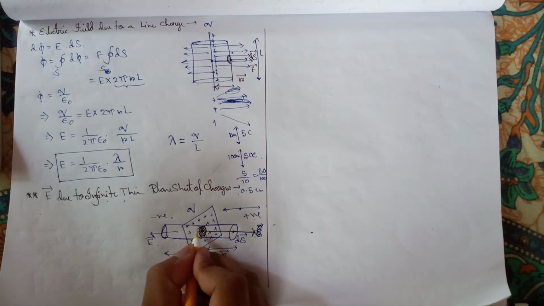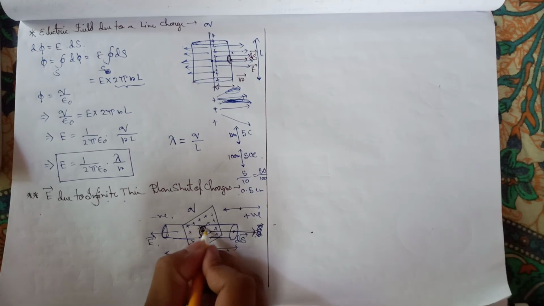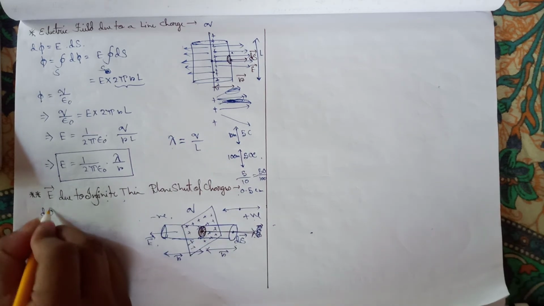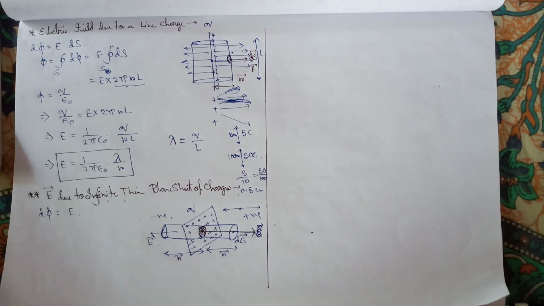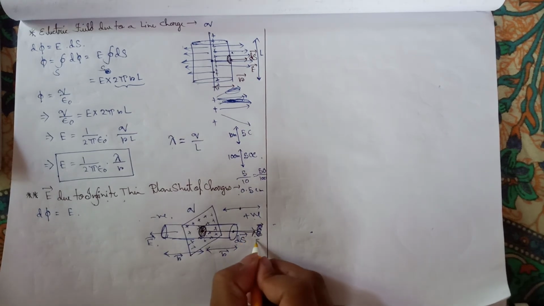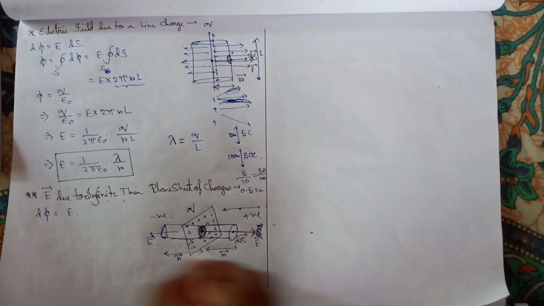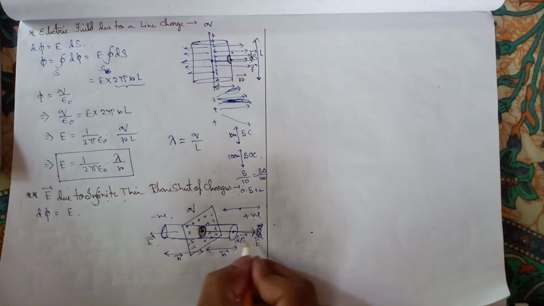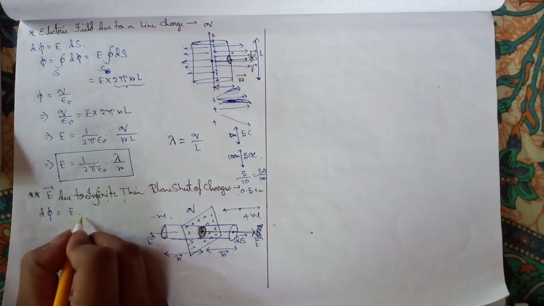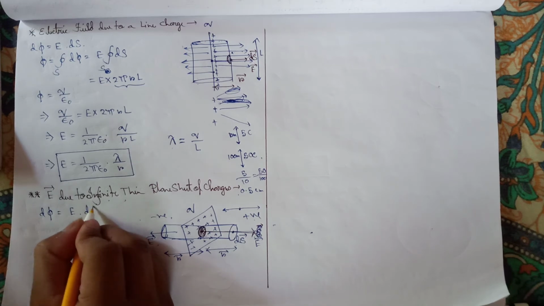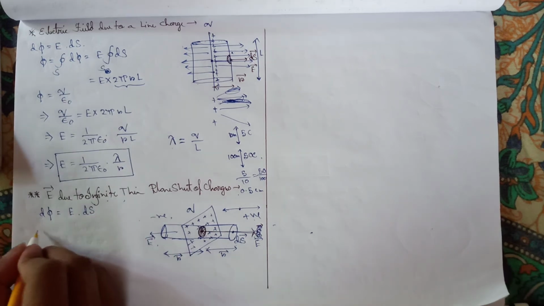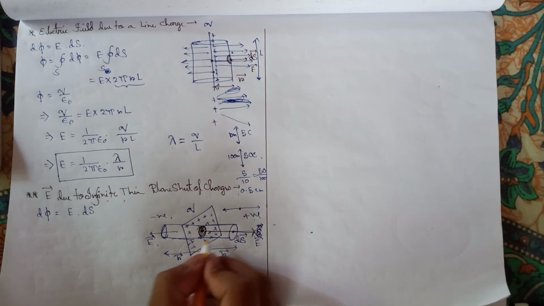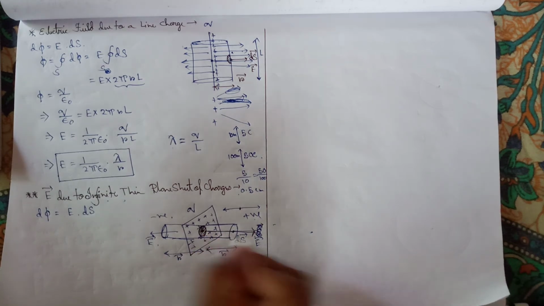So the total flux, for just this elementary area, d phi will be E dot ds, and we already saw that the electric field lines are along the ds direction. So cos theta will be 1, because cos 0 degree is 1, the angle between them is 0 degree, so E ds. Here it will not be only this area.